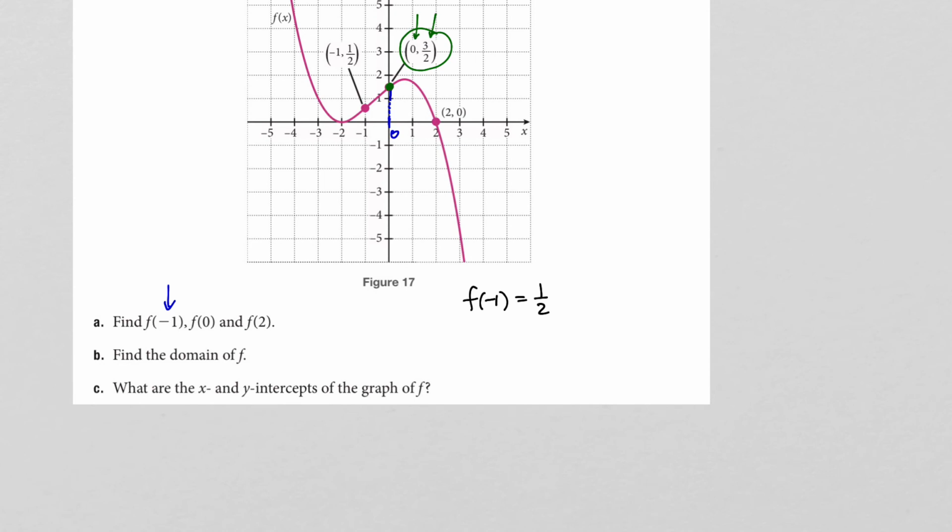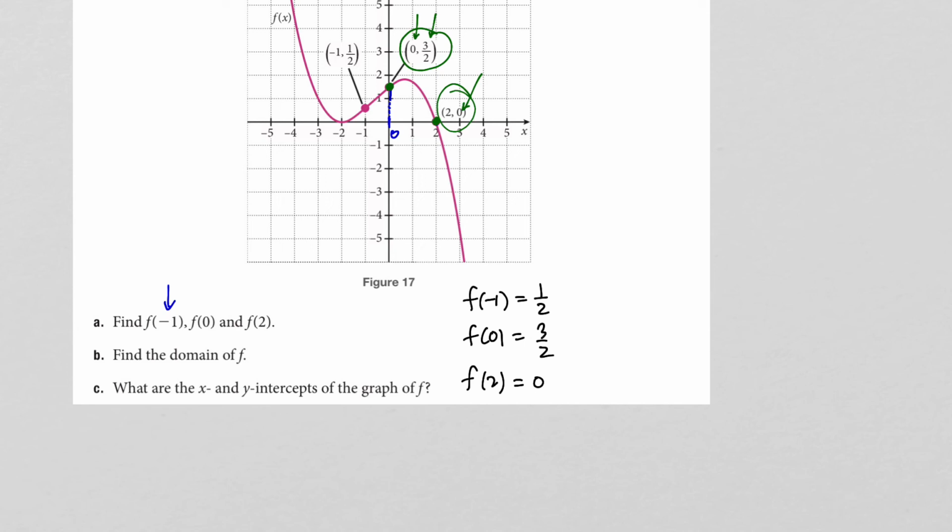So f of 0 is equal to 3/2. And finally, to find f of 2, we do the same thing. I'm going to go to 2, which is right here, and you'll notice that the point is actually right there on the x-axis. They give the coordinates of that point as well. f of 2 has to be 0, right? Because the y value there is 0.